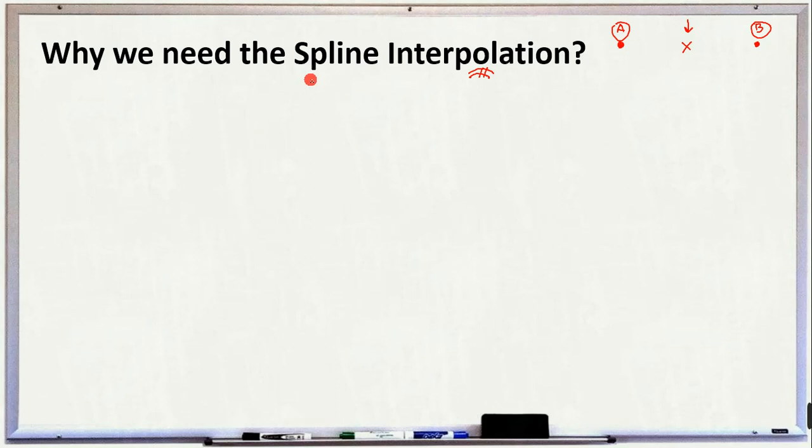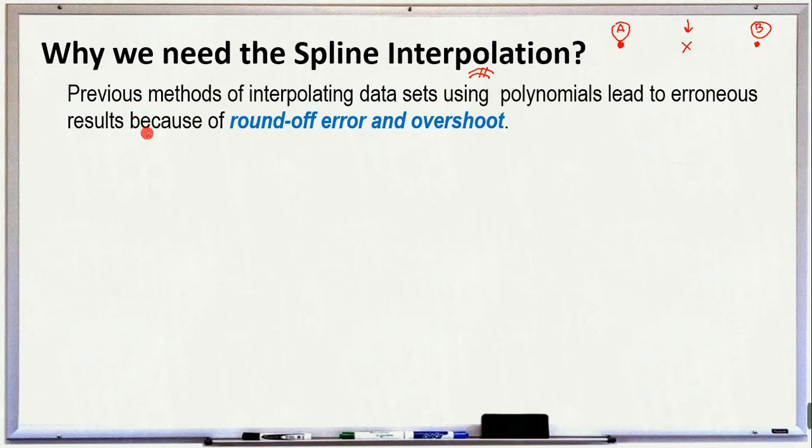So why do we need a spline? Why is it nga ang linear o ang quadratic interpolation, or the so-called polynomial interpolation, is not enough? Ngano mag-need pa tag spline? So ang previous methods man good. Those are the linear and the quadratic interpolation. Those are polynomials. The main problem is that the result is erroneous. It contains mga overshoot.